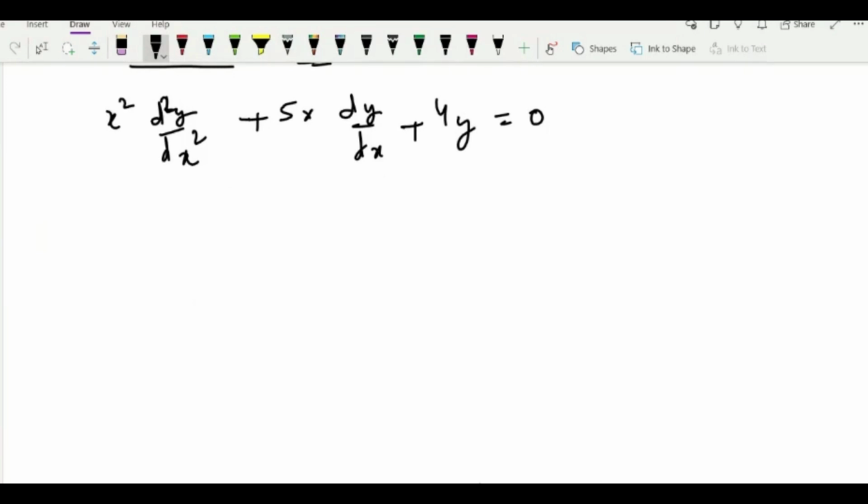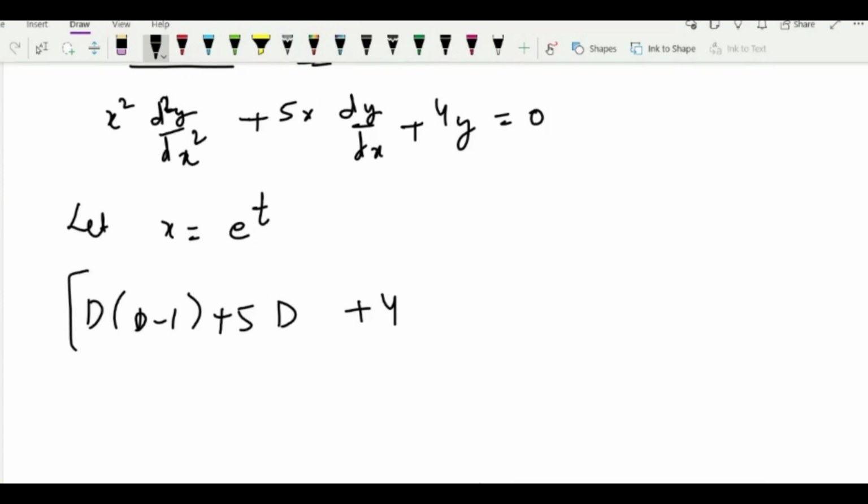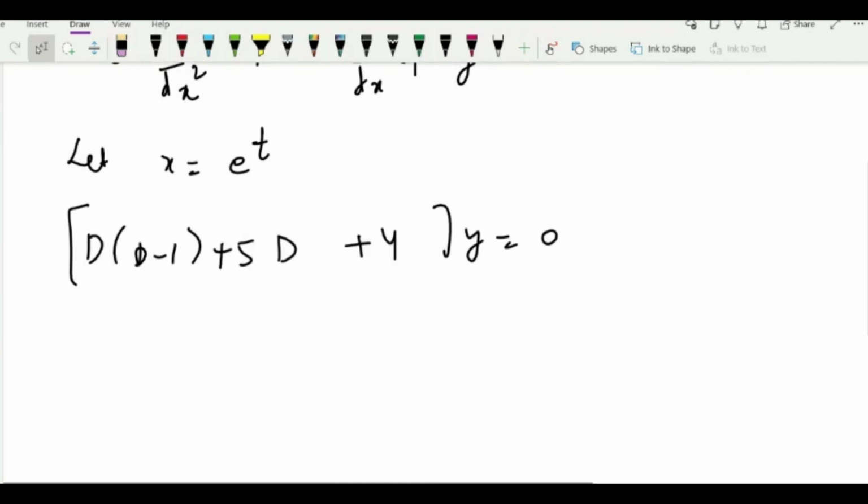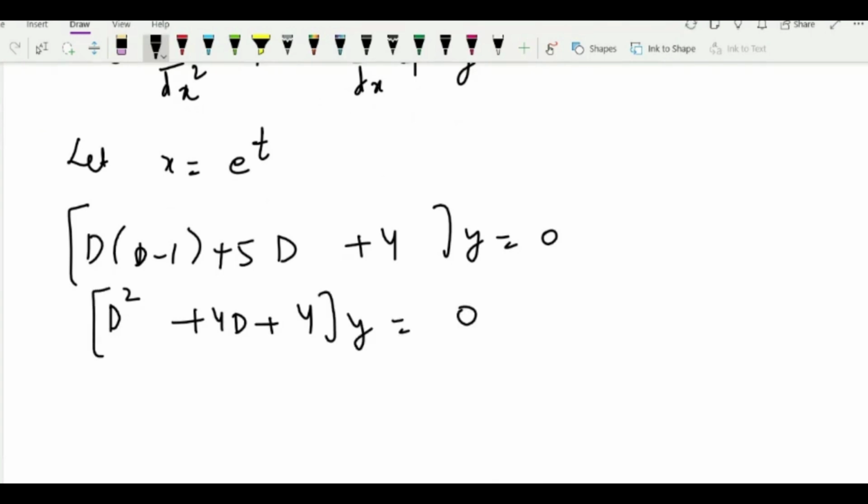Just do a substitution. Let x is equal to e raised to power t. So this becomes D(D minus 1) plus 5D plus 4 into y is equal to 0. We can write it as D square minus D plus 5D, which is 4D plus 4 into y is equal to 0. So this is our symbolic form and also a homogeneous type of equation.